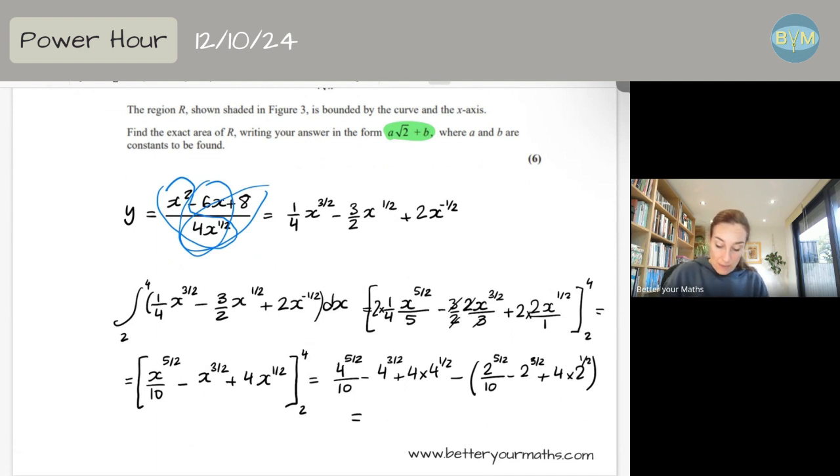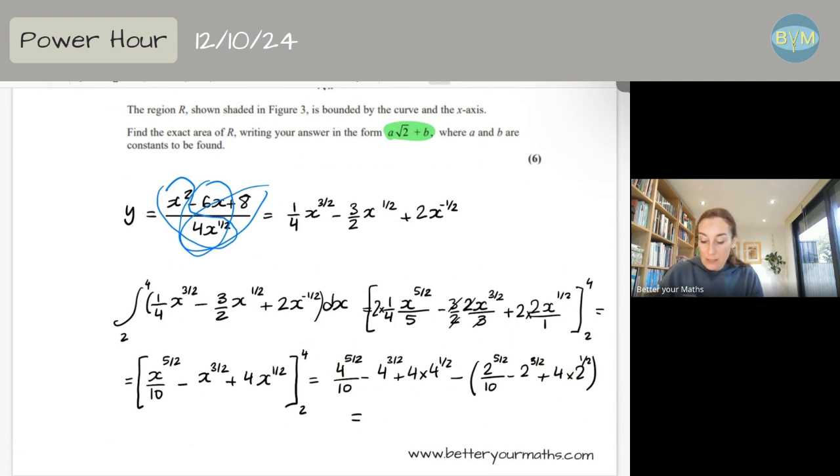So when I substitute the 4, I have 4 to the power of 5 halves, to the 3 halves, to the 1 half, and so on. When I substitute the 2, I have all of these. When I do 4 to the power of something half, that half is doing the square root, so it becomes 2. And then it's 2 to the power of 5, 2 to the power of 3, 2 to the power of 1, which is easy.